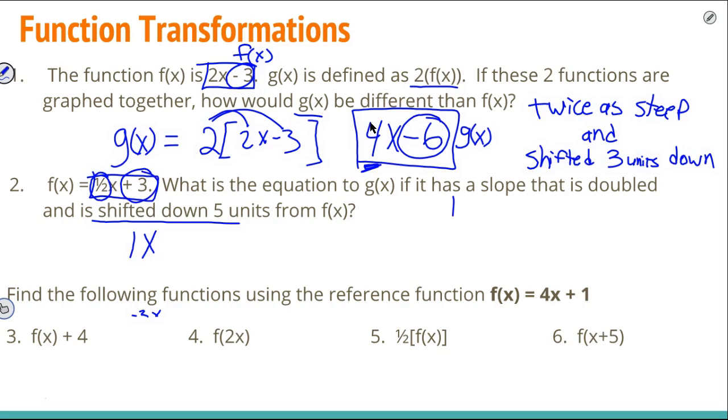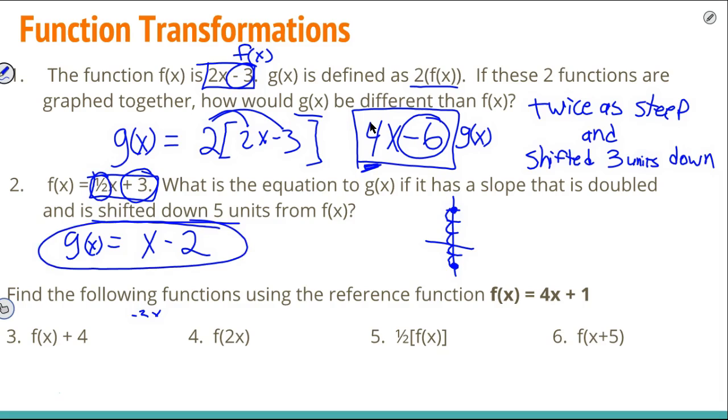So if I'm at 3, and I shift down 5 units, 1, 2, 3, 4, 5, I'm going to be at negative 2. So there's my g of x, doubled, with a y-intercept 5 units lower. So y equals 1x minus 2. I could just say x minus 2. That's all the same.